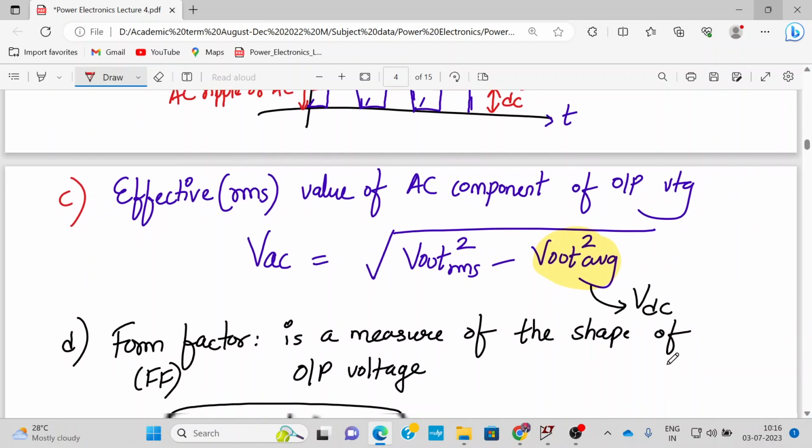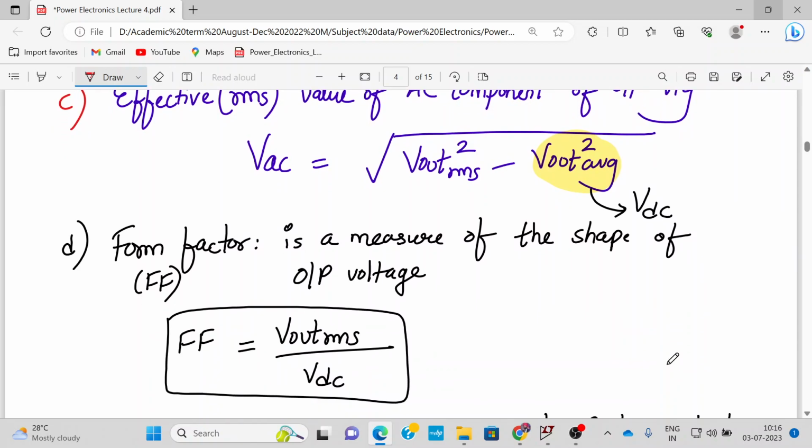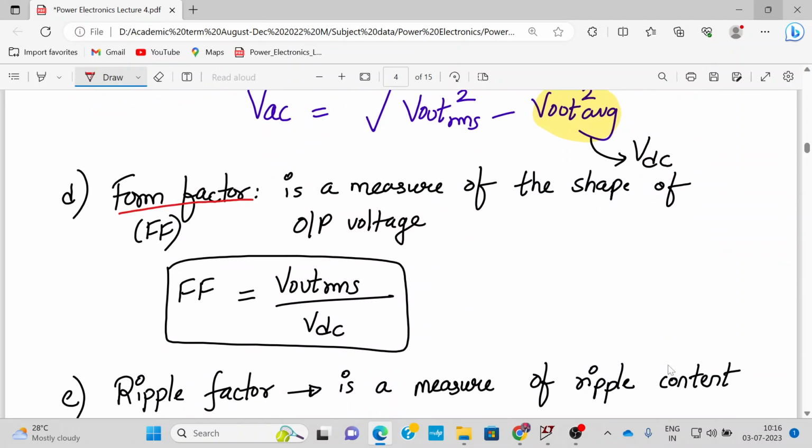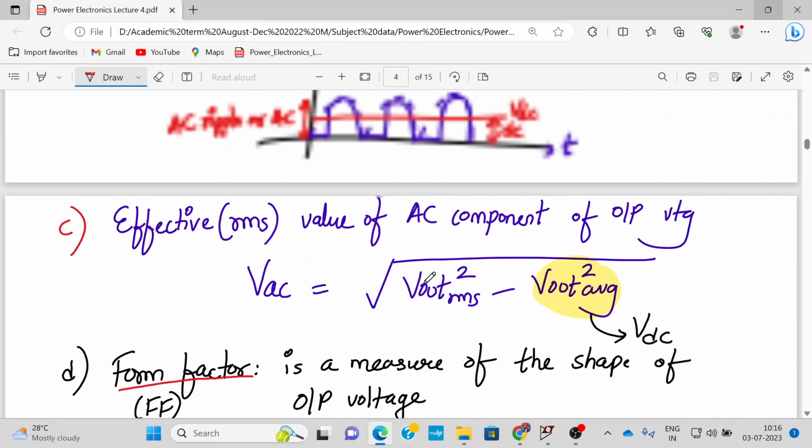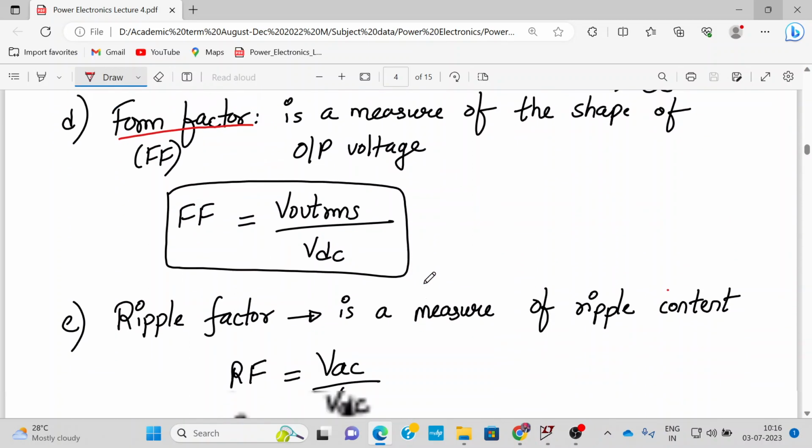Next we'll find out the form factor. Form factor is the measure of the shape of the output voltage. It is the ratio of V out RMS divided by V out average, or VDC. It is very important to know the formulas for the form factor and the effective RMS value of the AC component of the output. All this will be helpful in solving numericals.